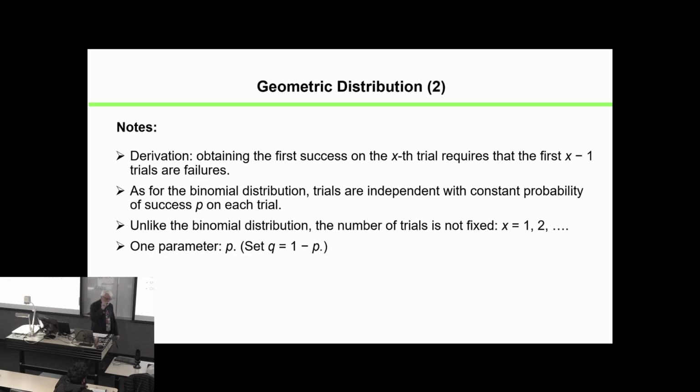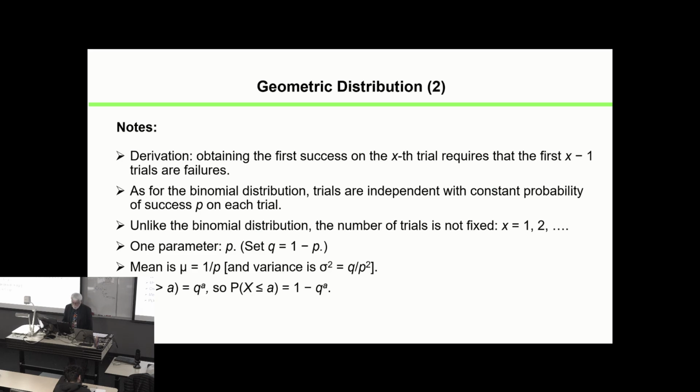There's only a single parameter, which is p, one independent parameter, and we simply set q equal to 1 minus p. We'll throw this in, and you can think about why the mean is 1 over p. That's kind of easy. The variance is a derivation that we don't really care about.